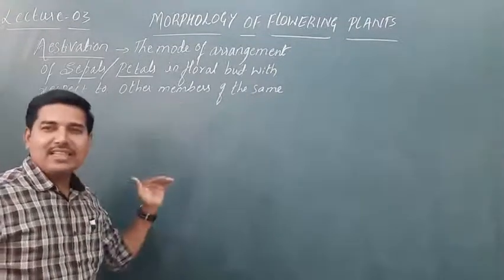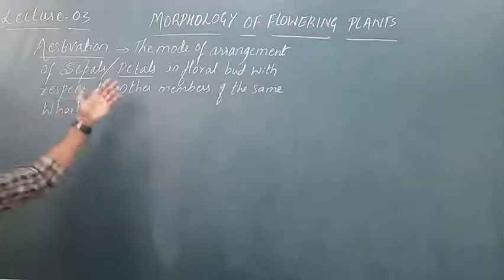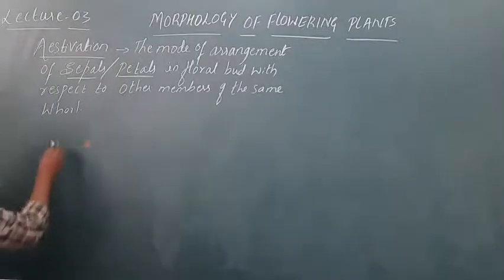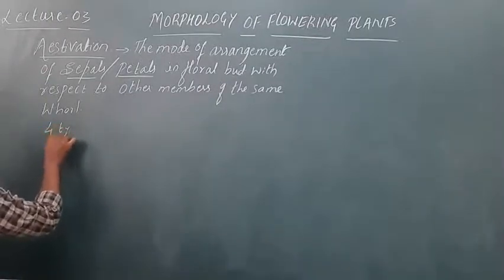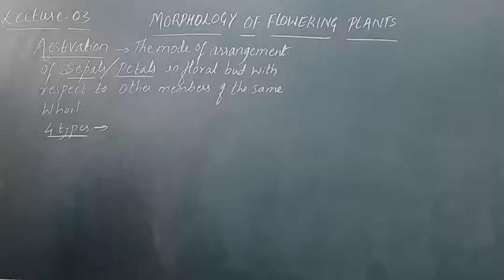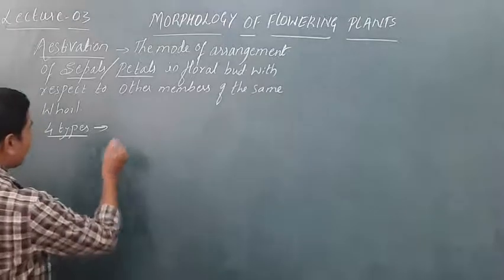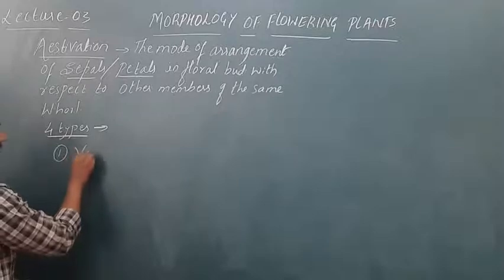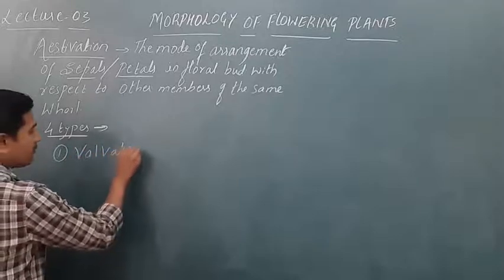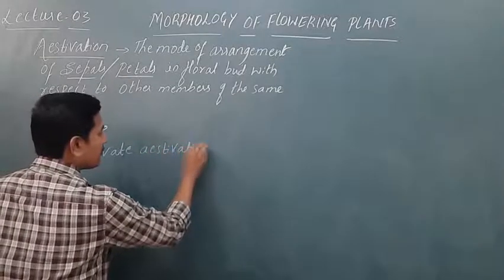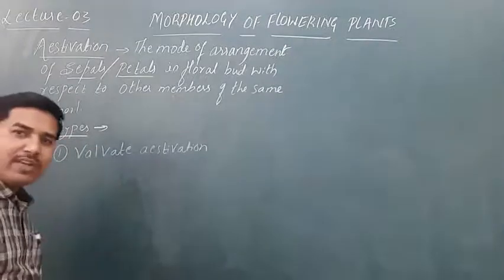So how exactly they are arranged, we'll see in the types of aestivation. There are four types. The first one is valvate aestivation.